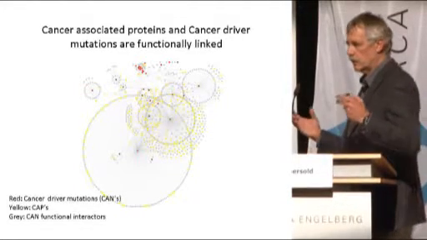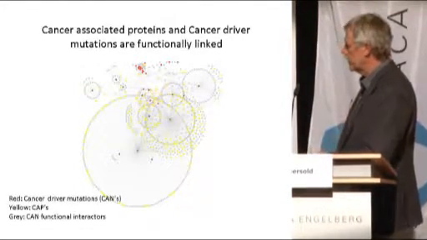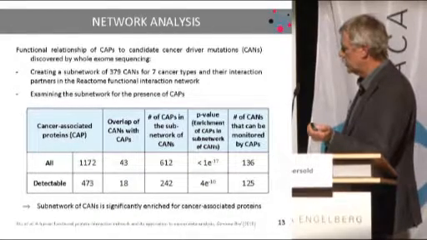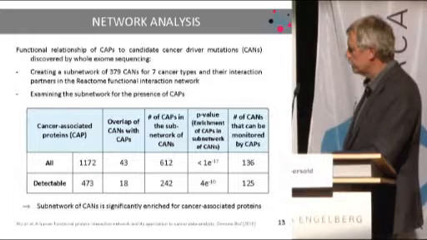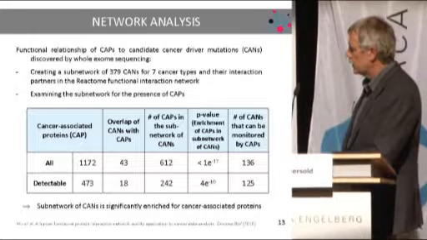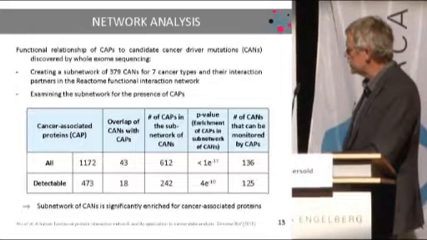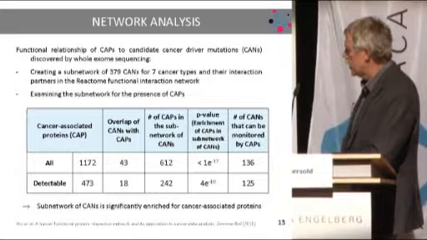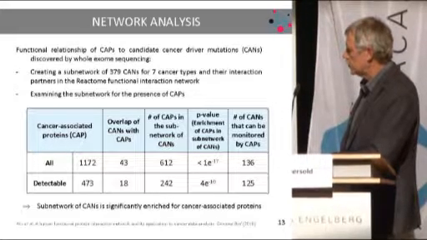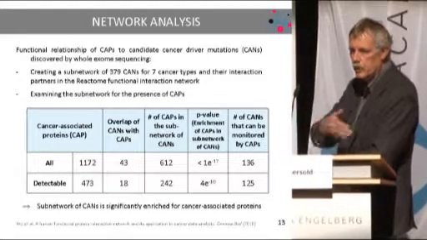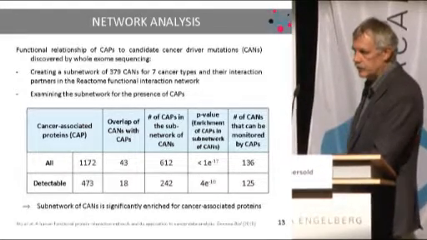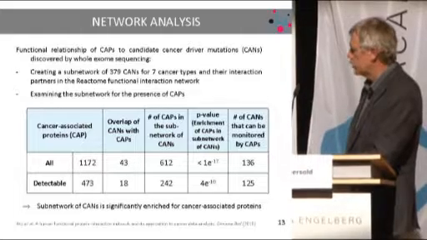So we can conclude with a very high probability that the cancer driver proteins are related functionally to the cancer-associated proteins, which have been uncovered over time in a multitude of detailed biochemical or cell biological studies.